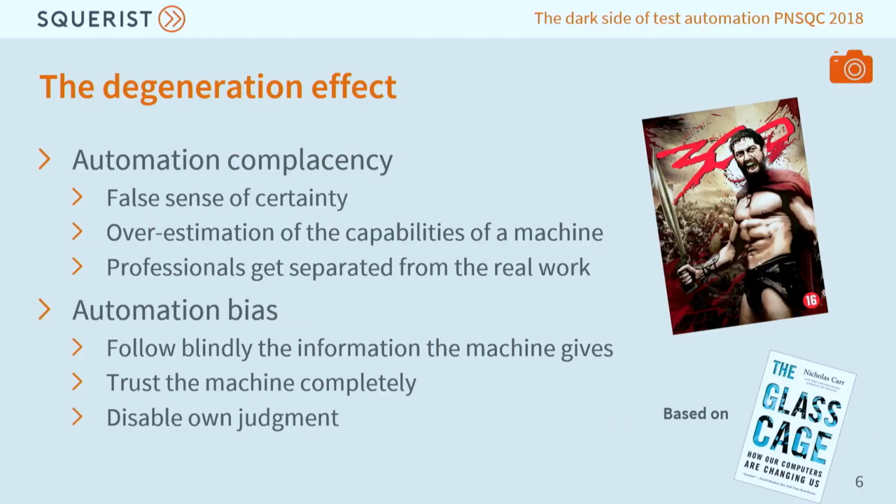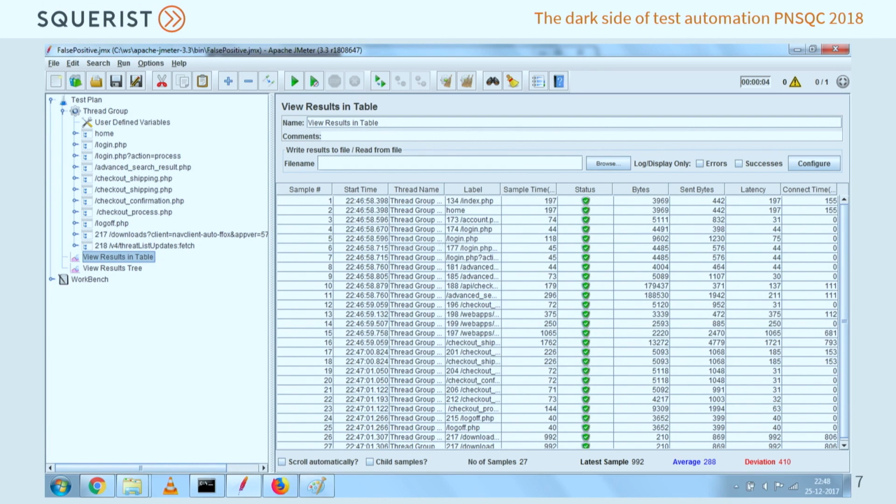The other one, automation bias, is following blindly the information the tool gives. And I would like to give an example. This is a JMeter example, sorry. But the automation bias, this is JMeter. It's a free tool for performance testing. And if you don't know JMeter that much, you see here a test plan.